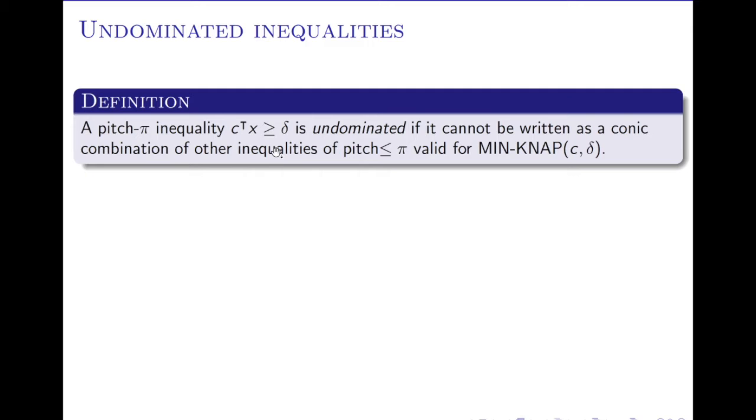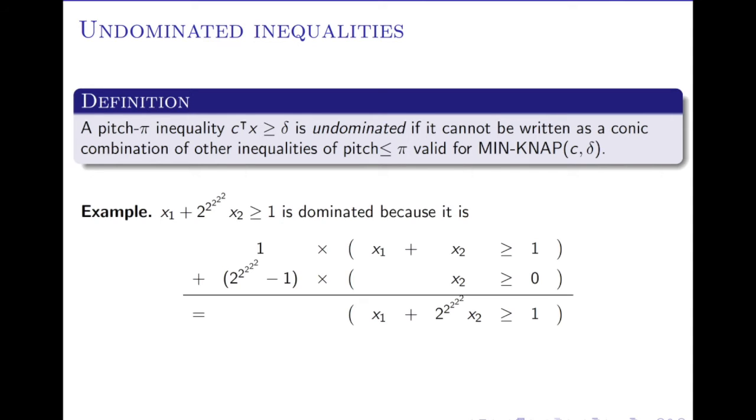A pitch pi inequality is undominated if it cannot be written as a conic combination of other inequalities of pitch less than or equal to pi and valid for the minimum knapsack instance defined by the original inequality under consideration. Now if we go back to the counterexample we looked at earlier, that inequality is dominated, because it can be written as a conic combination of the two inequalities listed below.